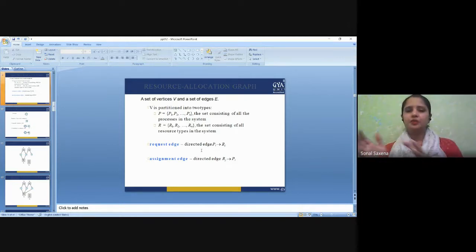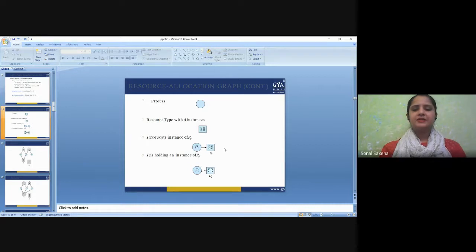So there is a whole lot of difference. If you see the arrow from P1 to R1, that means the process is requesting a resource. And if you see an edge from a resource to a process, that symbolizes that the resource is already assigned to the process. We have to keep this in mind.